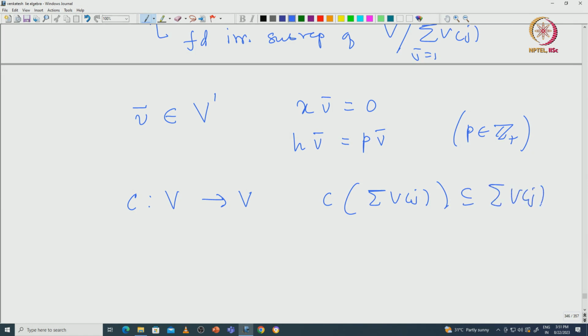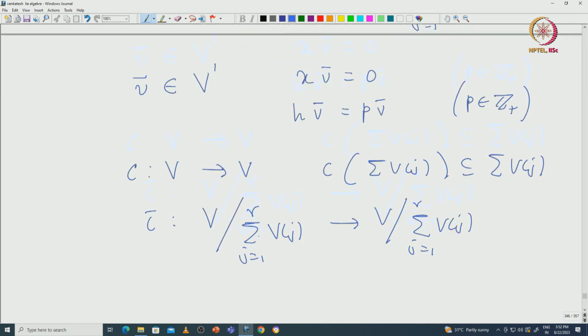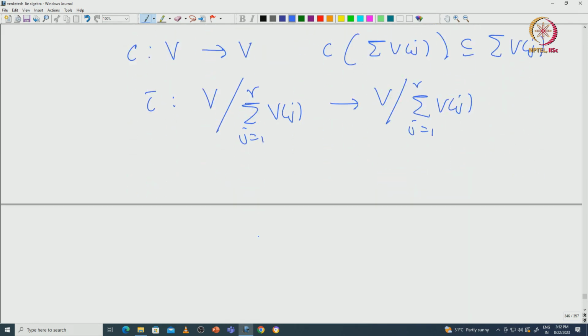So, in particular this C bar induces a map from V modulo the summation of V_j to V modulo the summation of V_j. Now, this C bar maps this factor module to the factor module, since C commutes with the sl2 action.